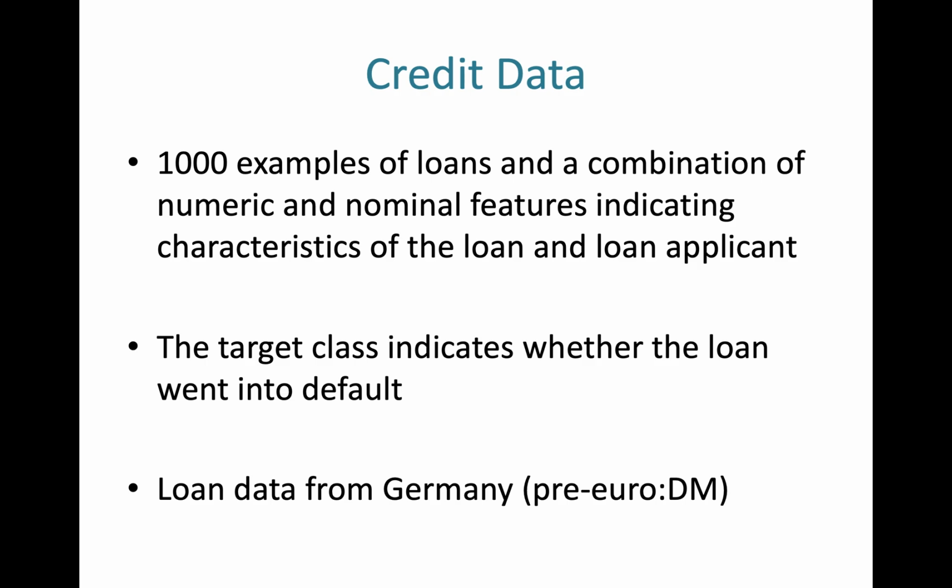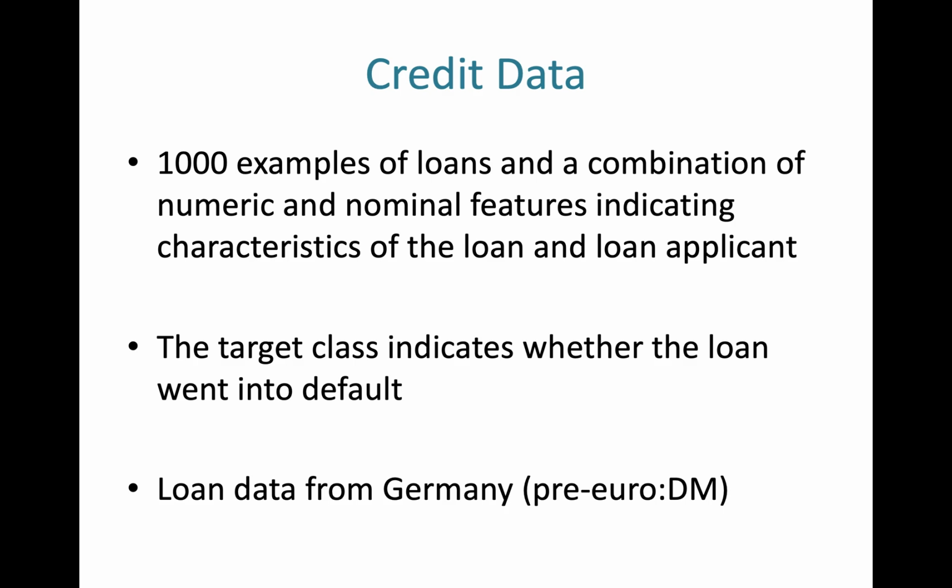You will see that in the data set, some of the numeric data is in DM. This is basically Deutsche Marks, which was the currency in Germany before the euro started to be used.